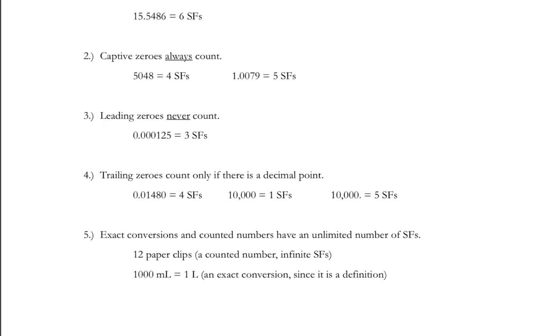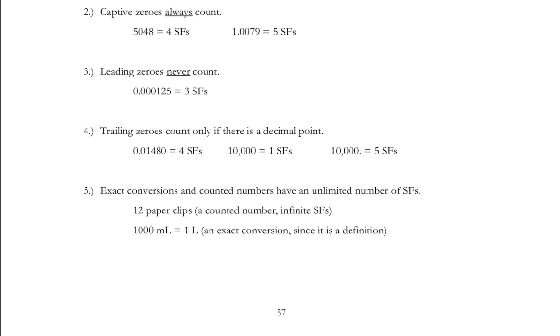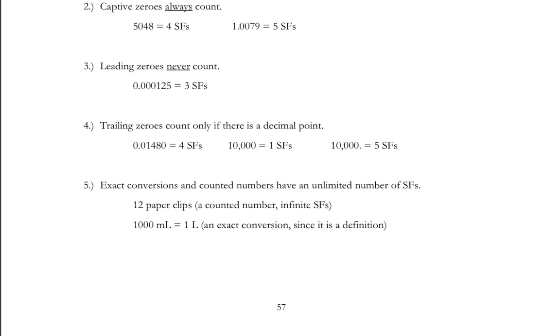We encounter exact conversions and counted numbers. They have an unlimited or infinite number of sig figs, like millions of sig figs if you want to put a number in your head. If you can count the number of paper clips and it's 12, well, then that's an exact number. That would be a counted type.